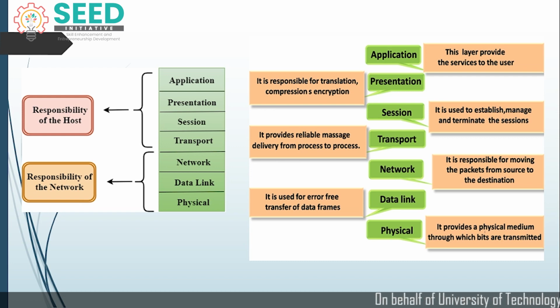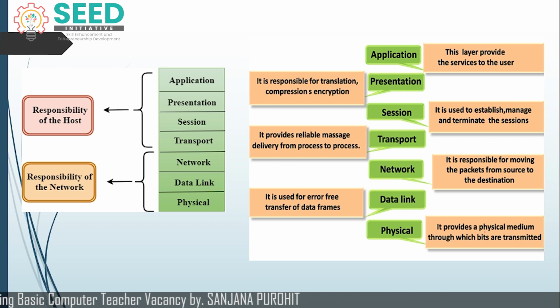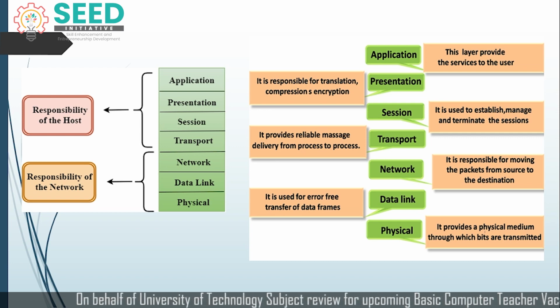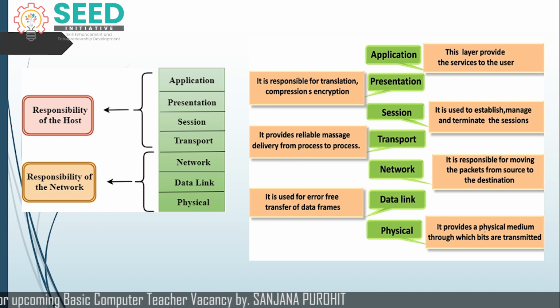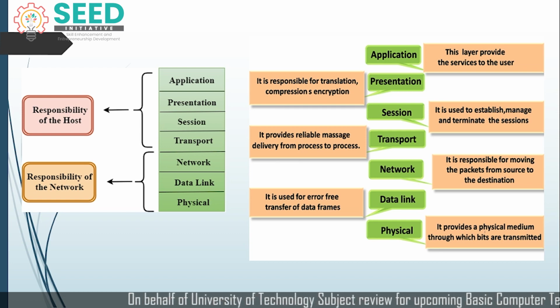We will start from the bottom side. The first layer is the physical layer, second is the data link layer, third is the network layer, fourth is the transport layer, fifth is the session layer, sixth is the presentation layer, and the topmost is the application layer.